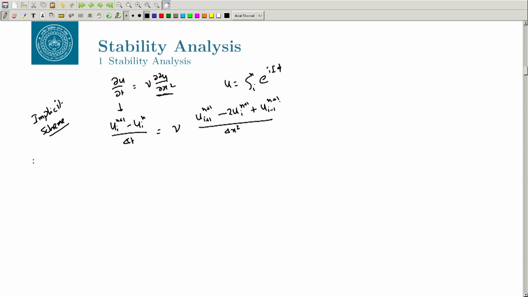So, now let us start using this form. Okay. The Fourier insight is there.